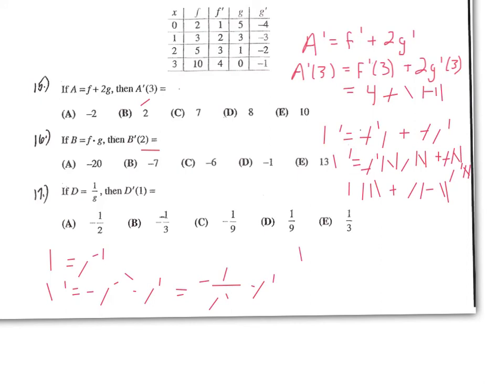So, d prime of 1 will be negative 1 over g of 1 squared times g prime of 1. And g of 1 is 3, so that'll be negative 1 over 3 squared times g prime of 1, which is negative 3. So that will be 3 over 9, which will be a positive 1/3.